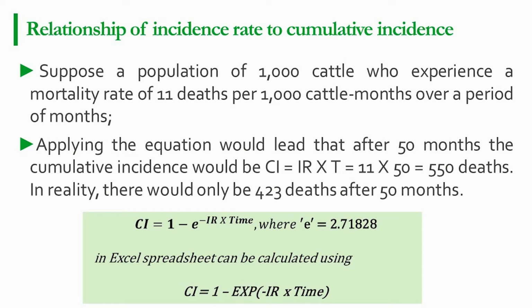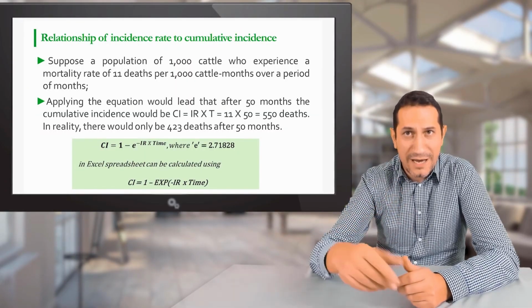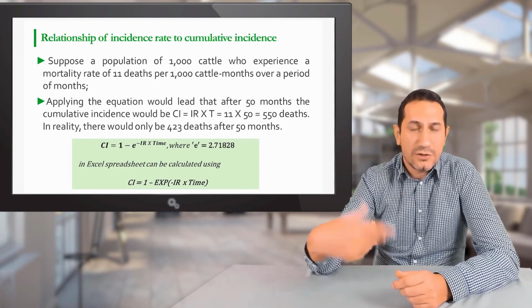And because this equation basically fails to take into account the fact that the size of the population at risk declines over time. After the first month, we would have 11 deaths, and the population in that month would be 989, so it's 1,000 minus 11, and not 1,000.